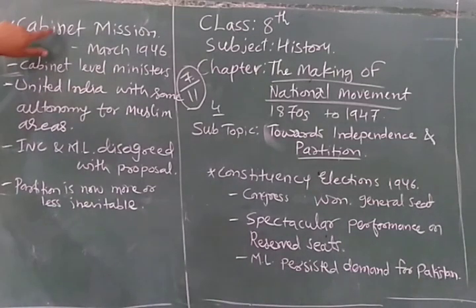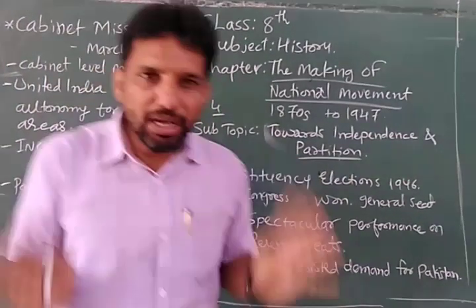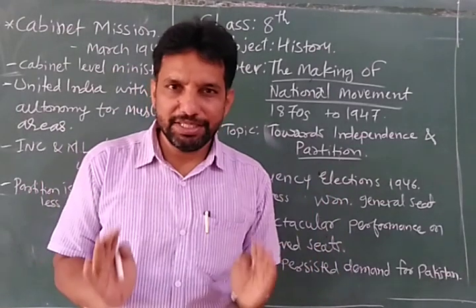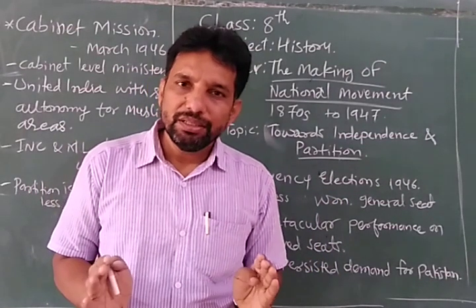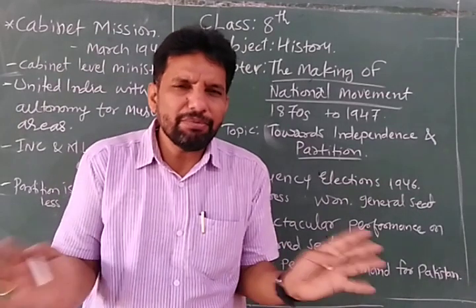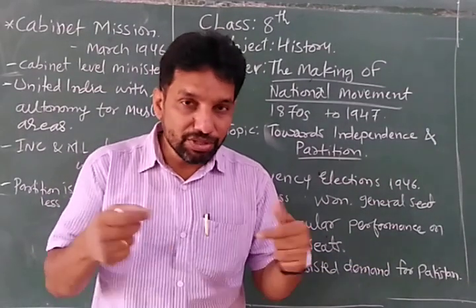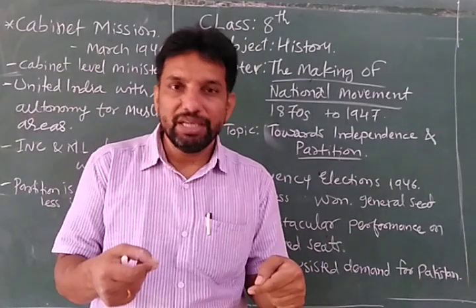So what the Cabinet Mission suggested was a united India. There shall not be partition, but India must be a united nation, and some loose type of autonomy may be given to the Muslim majority areas. That was the proposal given by the Cabinet Mission.